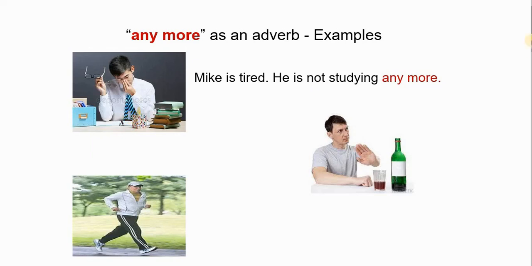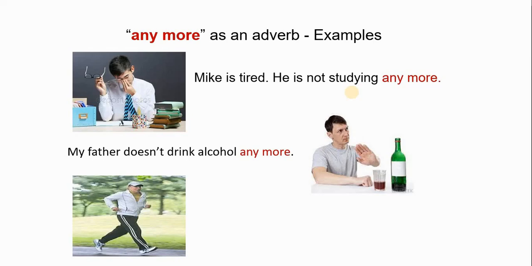So as an adverb, it's modifying the verb study. It's giving us more information about the action of studying, and the more information is the fact that he's no longer doing it. He stopped studying. Alright?